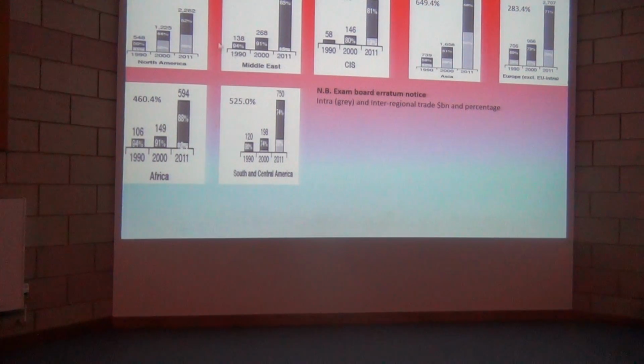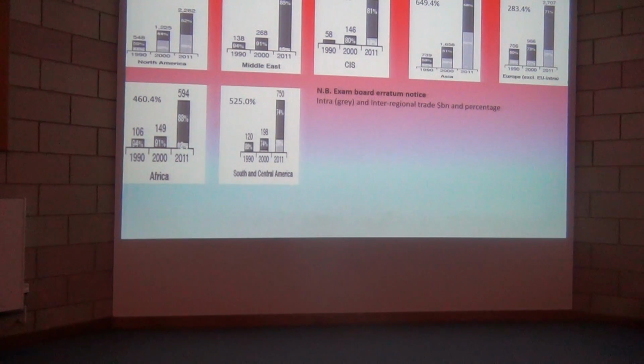So on your pre-release material you will not have these percentage changes at the top, and I just want to run through where these numbers have come from, because in terms of your overall analysis, they are quite important numbers. Let's use North America as an example.